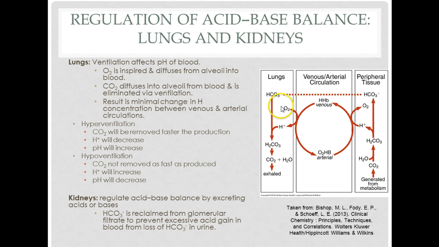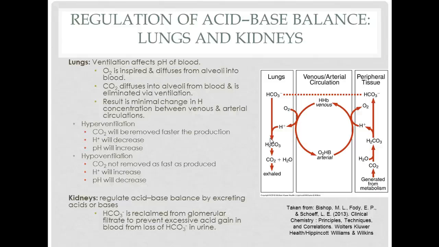So when we have the CO2 buildup in the bloodstream, your body's able to actually hyperventilate to excrete more of it through the lungs. If the pH starts to go up, then we are able to maintain by hypoventilating, or not ventilating as fast, to bring the pH down.